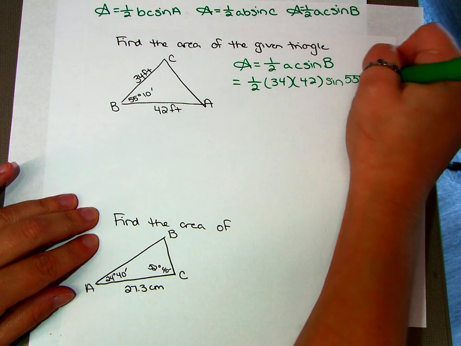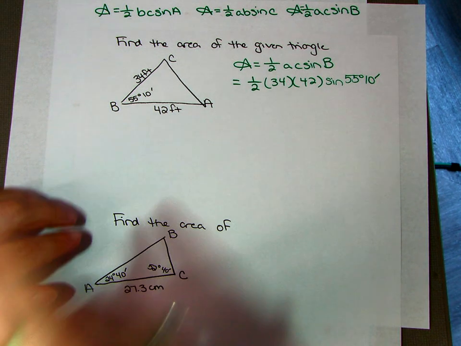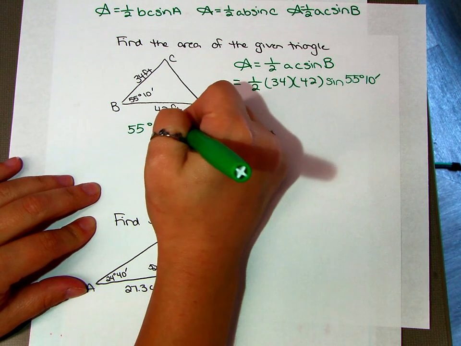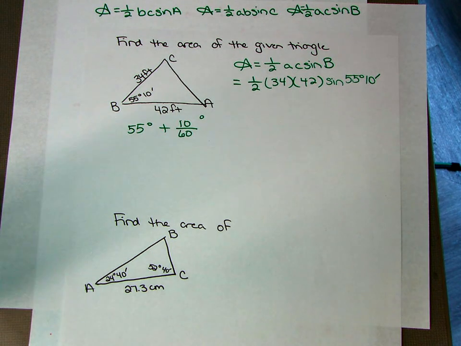Now, you're going to have to convert from minutes into degrees. We did that a long time ago. Who remembers how we do that? How many minutes are in a degree? 60. So if we need to do some converting, what we do is we take the 55 degrees and we add, it says 10 minutes, so it's 10 minutes over 60 minutes will give us our proportional degree, which is like 0.166666 forever.